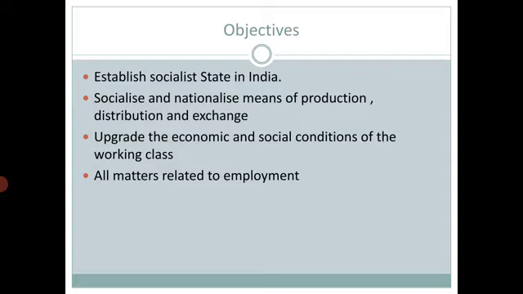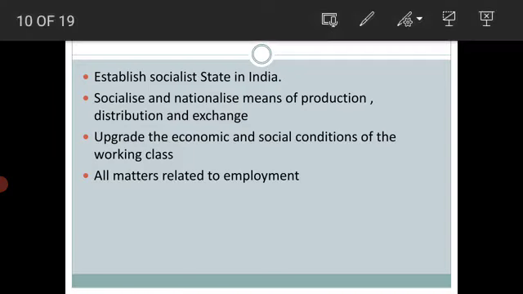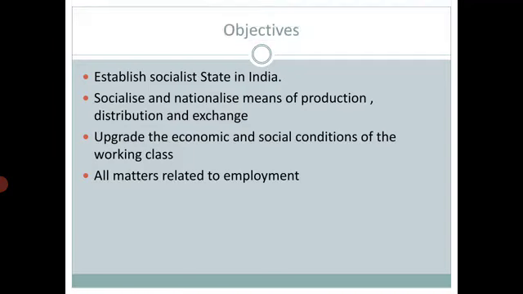Then to watch, promote and further the interest, rights and privileges of workers in all matters related to their employment. Means what? This employee, this worker, he does have certain rights, right? He should be having certain rights, some plus points, but many times his rights are ignored.